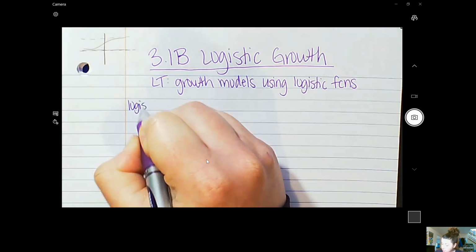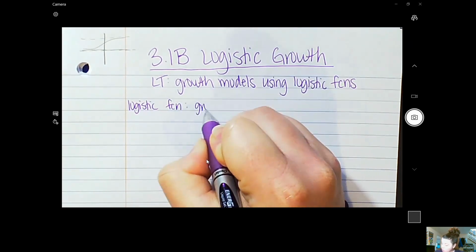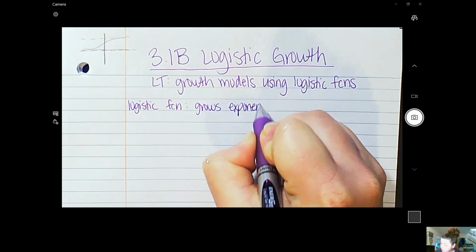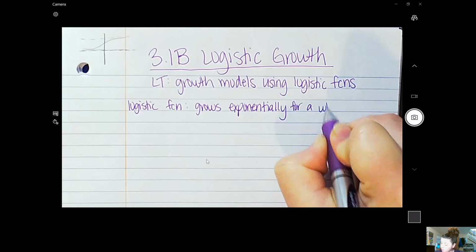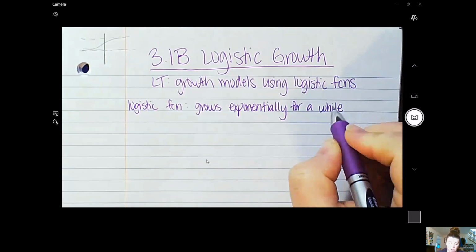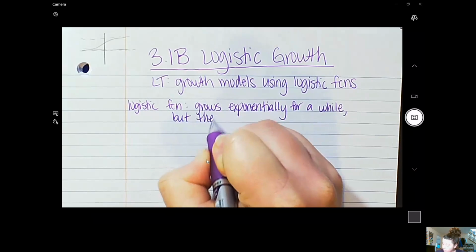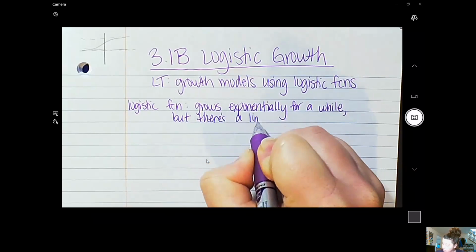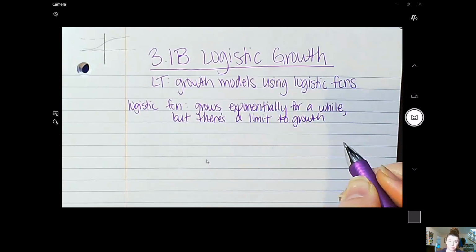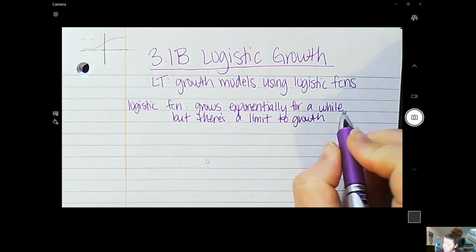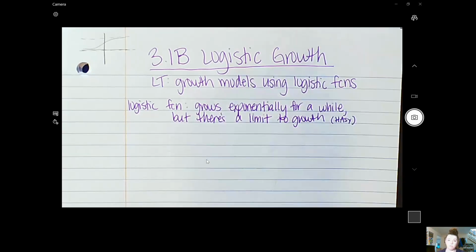So a logistic function grows exponentially for a while, and that while is different depending on each scenario, but there's a limit to growth. And that limit to growth, go ahead and just remind yourself that it's a horizontal asymptote.